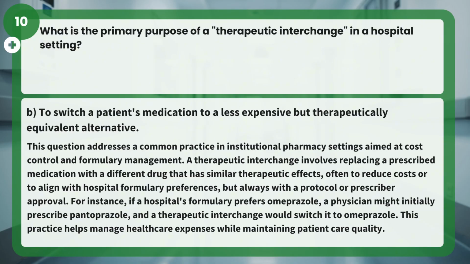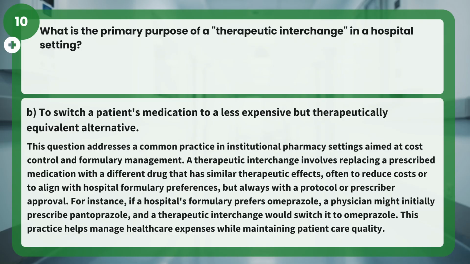Answer: B. To switch a patient's medication to a less expensive but therapeutically equivalent alternative. This question addresses a common practice in institutional pharmacy settings aimed at cost control and formulary management. A therapeutic interchange involves replacing a prescribed medication with a different drug that has similar therapeutic effects, often to reduce costs or to align with hospital formulary preferences, but always with a protocol or prescriber approval.